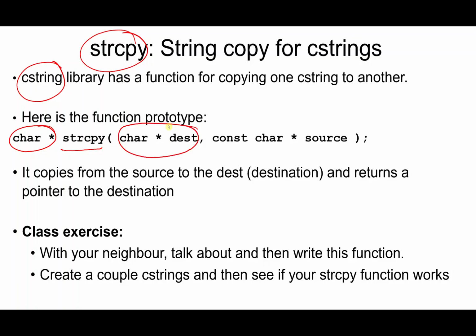You give it the pointer to the character array you want to copy to, and the one you want to copy from. The C string you're copying from, and the C string you're copying to. So it copies from the source to the destination and returns a pointer to the destination.